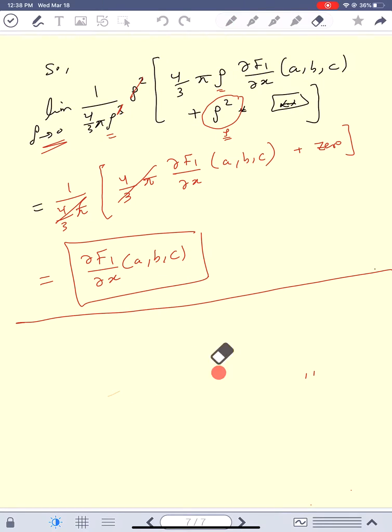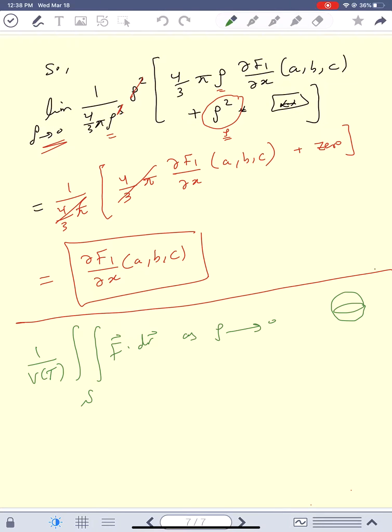What did we do? This is very important. The summary is very important. We had a sphere of radius rho. We computed the surface integral. Then we took the limit as rho goes to 0.